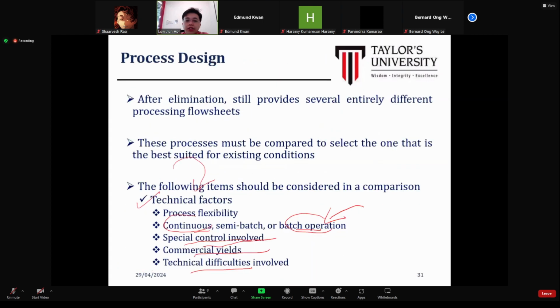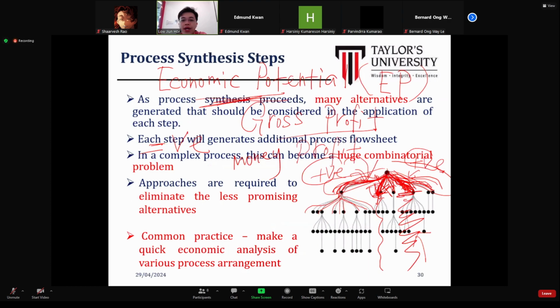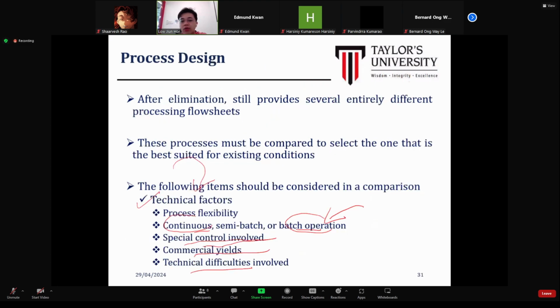So just now, we already eliminated the chemical process or technology that is not economic, whose economic performance is not good enough. We eliminated based on the calculation of the economic potential. After that, we try to identify the most potential technology or process based on the other factors that I shared with you just now.